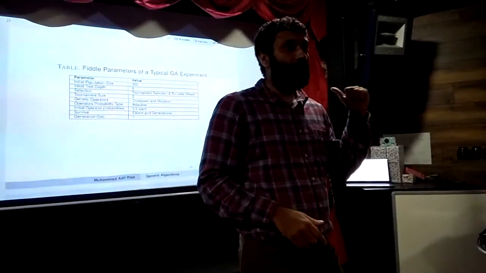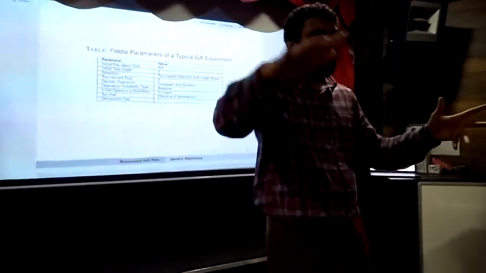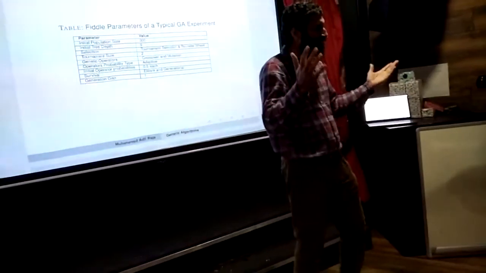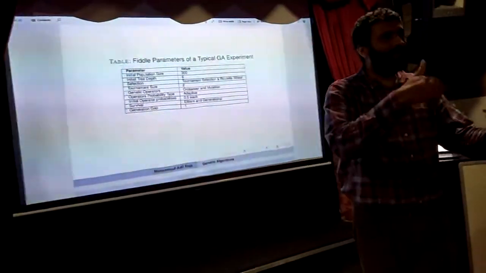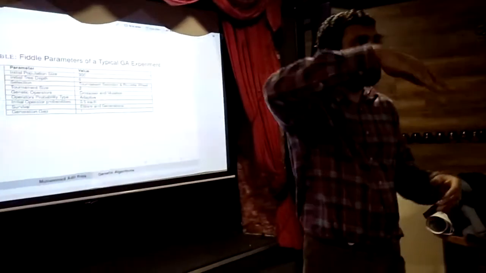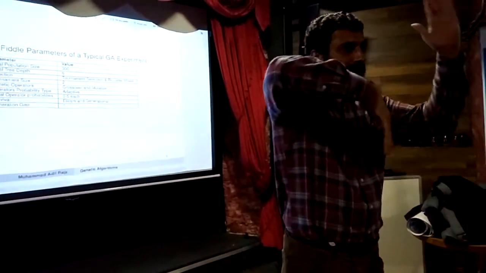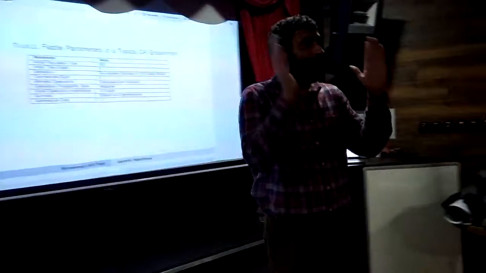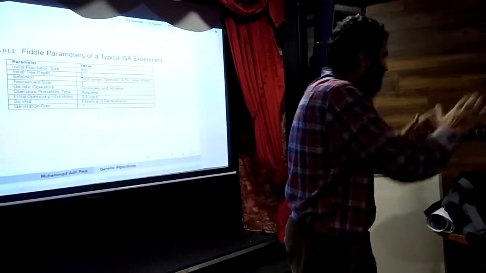We have a solution space now. X is a coefficient, Y is a coefficient, and the Z axis is the fitness axis, which tells us how good or bad the controller is at various values of X and Y. How do we find the values of X and Y? We employ genetic algorithms.